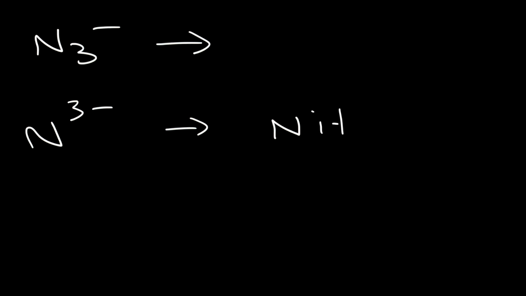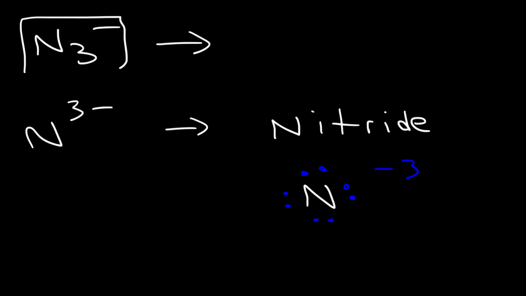Now what is the name of this ion? N3 minus. And let's not confuse it with N3 minus 1. So N3 minus is a monoatomic ion. It's composed of one particle with a -3 charge. This is known as nitride. So to draw the Lewis structure, it's a nitrogen with 8 valence electrons. It has 5 of its original valence electrons, but it gained 3 because of the -3 charge. So that's nitride. This is known as azide.